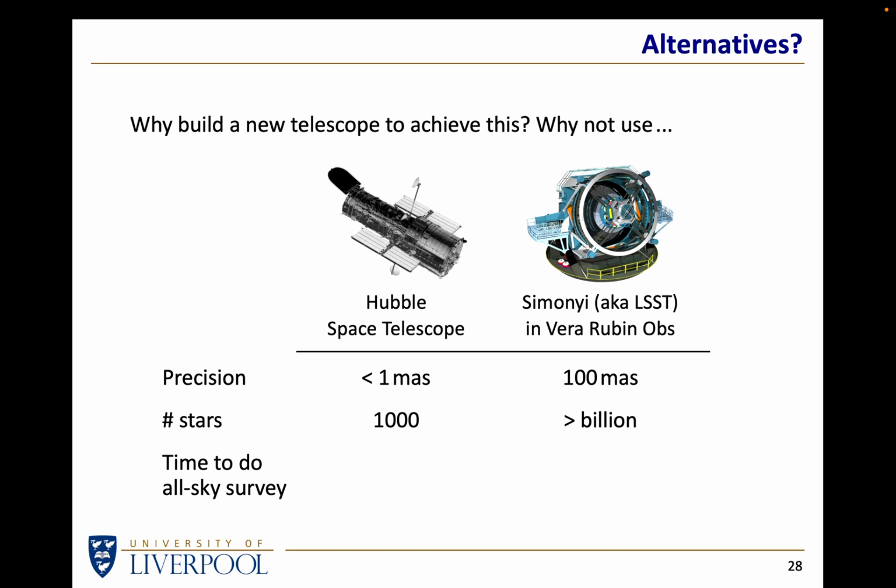If you wanted to cover the entire sky, the Simonyi could actually do that in 10 years. It is going to do that in 10 years over and over and over again. If you wanted the Hubble to actually map out the parallax and proper motion of all the stars in the sky, it can do that. It would take approximately 1,000 to 2,000 years to do that. And therefore it was not considered viable because it's not likely the Hubble will last quite that long.